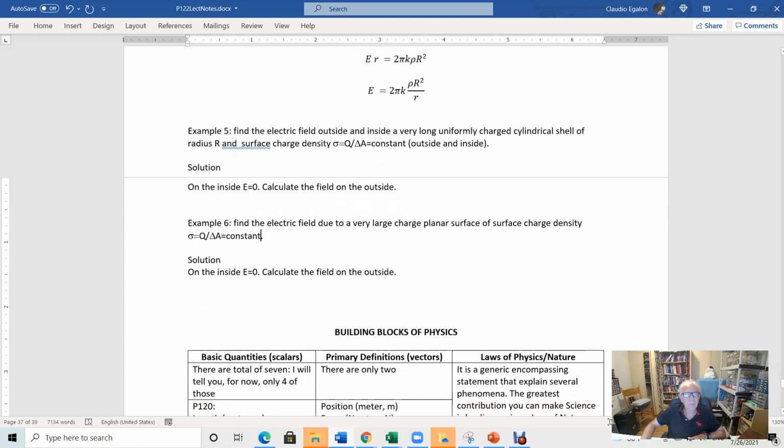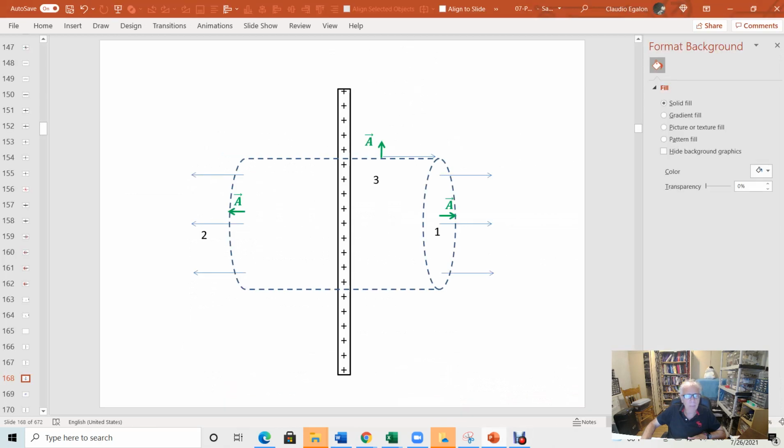Okay? So I already did part of the problem. Here you go. I know what is the density here. Sigma, right? Because it's very large, we have so much charge, that's why we treat it as being a surface charge density.